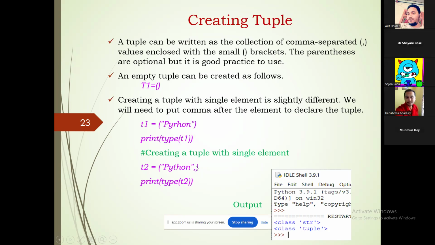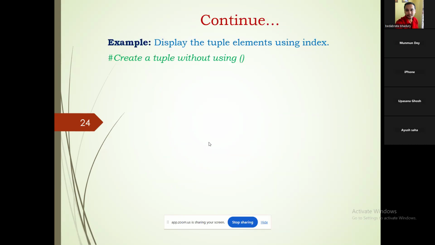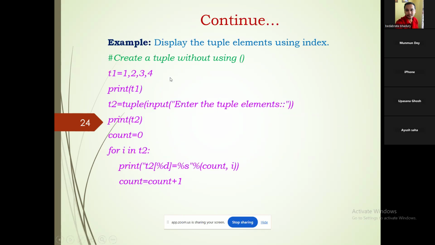When I have given the comma, then the class is tuple. And when the comma is not given, then it is treated as a string. This is very, very important when you solve any statistical problem, an optimization problem, or better to say, a machine learning problem.